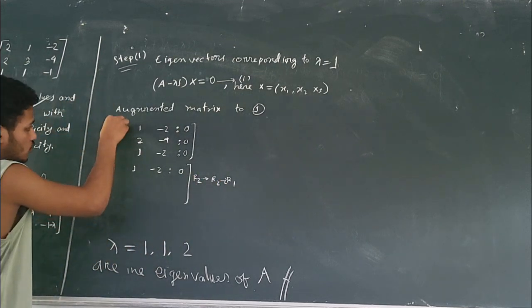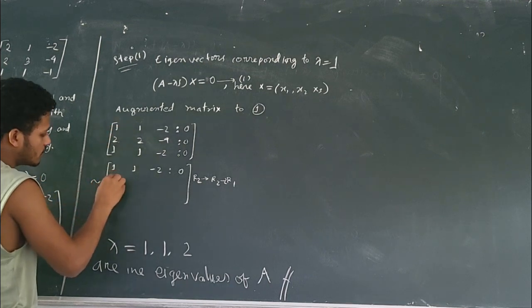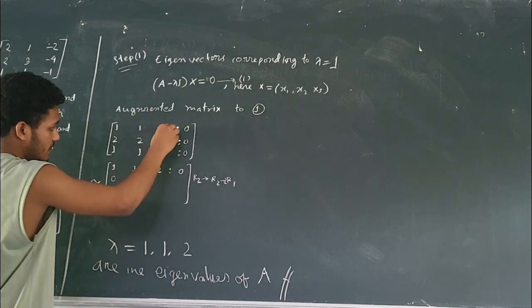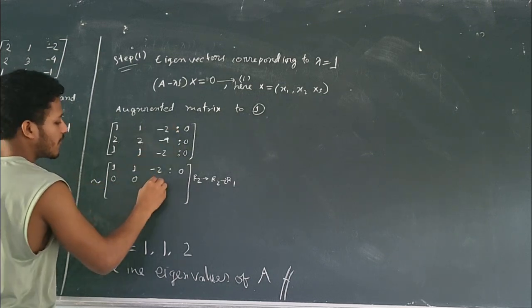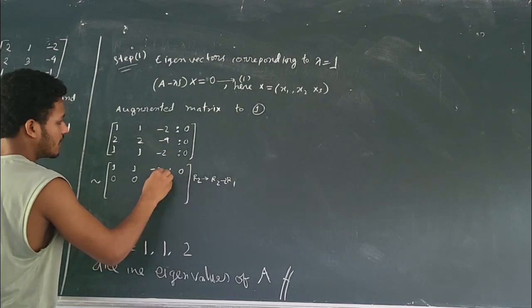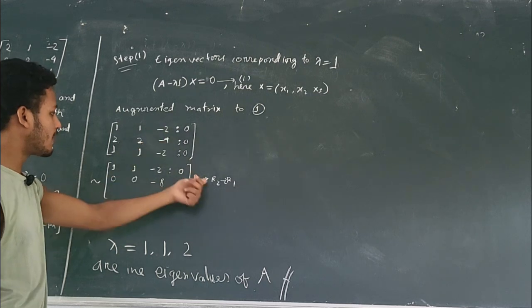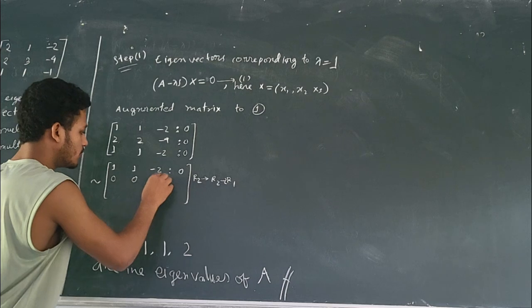So multiply here by 2 and subtract: 2 minus 2 will be 0. 2 minus 2 will be 0. This will be minus 4... oh, sorry, minus 4, and when you multiply here by 2, it will be minus 4, and minus 4 minus 4 will be 0.